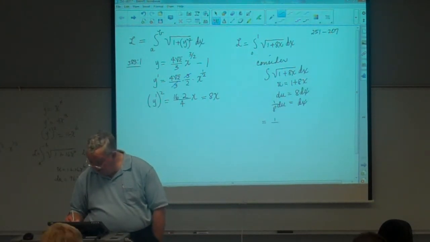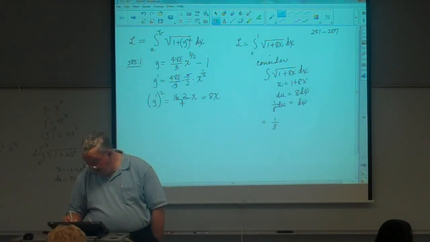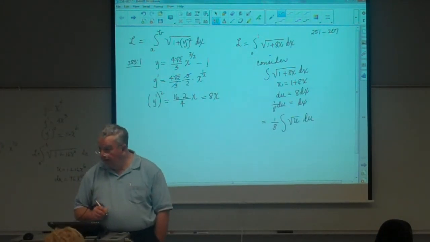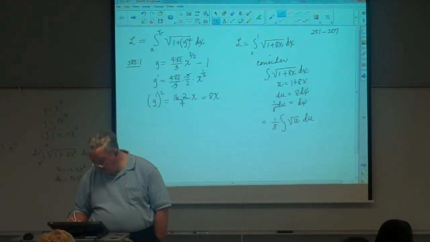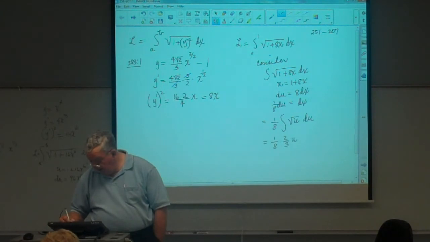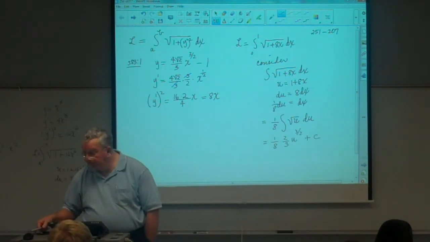So I have 1/8 times the integral of the square root of u du. Is that right? That's u to the 1/2, add 1 to the exponent, so I get 1/8, and that would be 3/2, which turns out to be 2/3 out here, u to the 3/2 plus c.